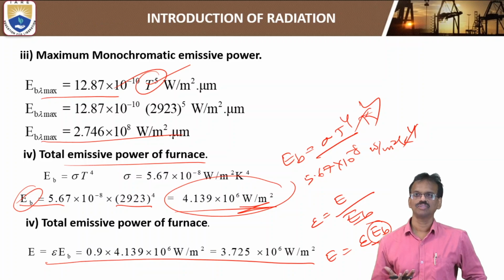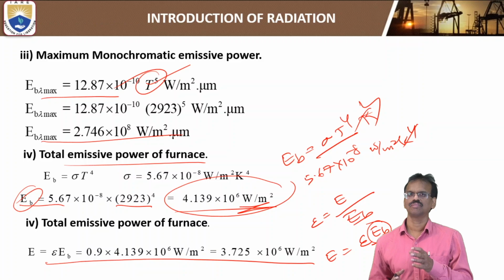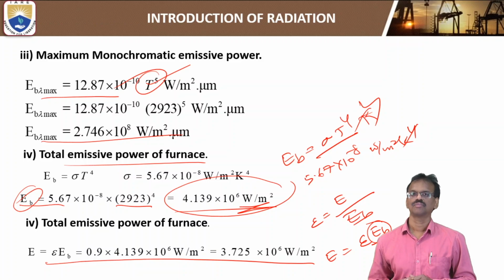Did you observe the comparison with conduction and convection? In conduction, we used only one formula, that is Fourier's law, for finding the rate of heat transfer. In convection, we used only one formula, that is Newton's cooling law.